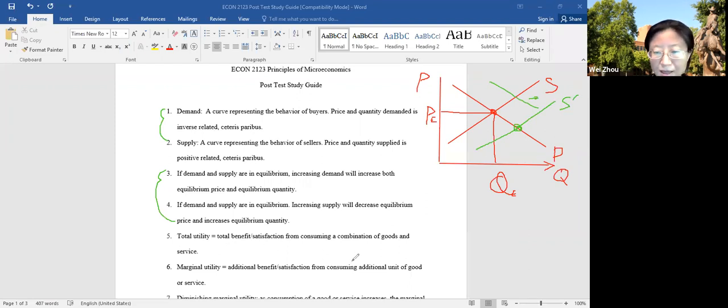The next one we discussed is about utility. Remember, we talked about, let's say, someone who is going to eat tacos. How much happiness you get from the 2 tacos you consume is total utility, but the additional taco you consume that brings you additional happiness is marginal utility.